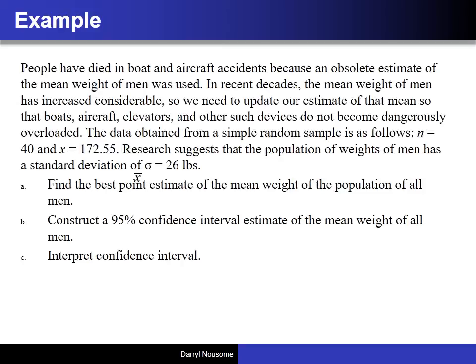Research suggests that the population of weights of men has a standard deviation of 26 pounds. So find the best point estimate first of the mean weight of all those men. Construct a 95% confidence interval estimate of the mean weight, and then interpret that value. The solutions are given on the next slide, but try this yourself first.